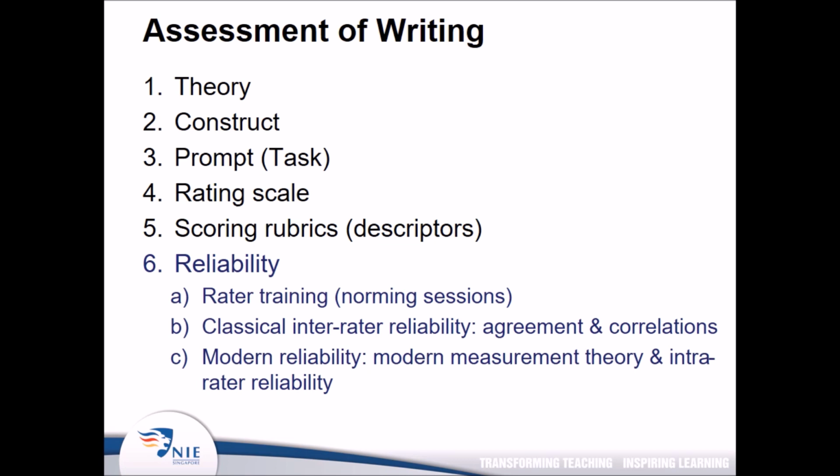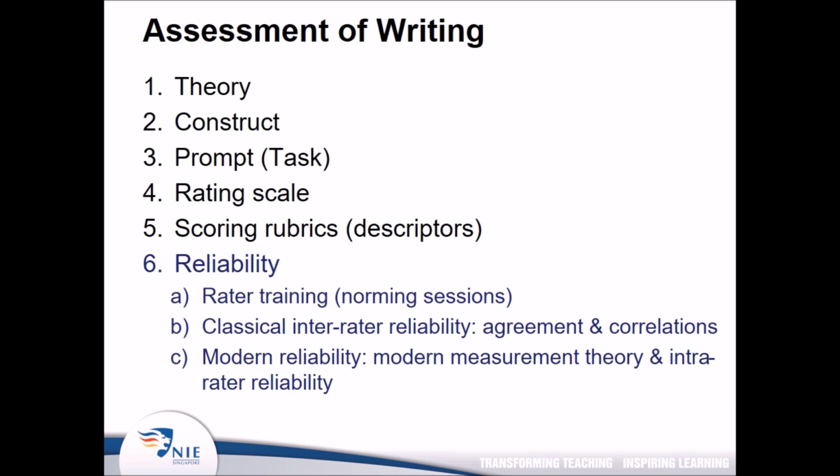For reliability here, I would like to stress that there are different types of reliability. One is inter-rater reliability, the other one is intra-rater reliability, and so on and so forth. I'm not going to discuss them too much in this video in the interest of time.